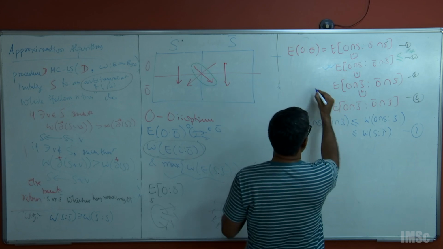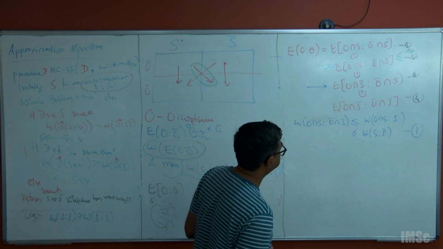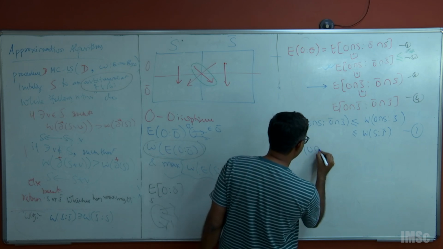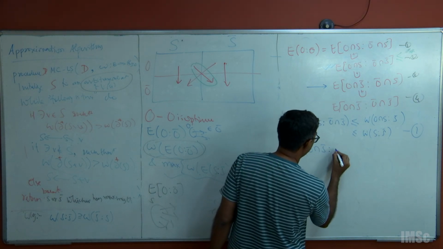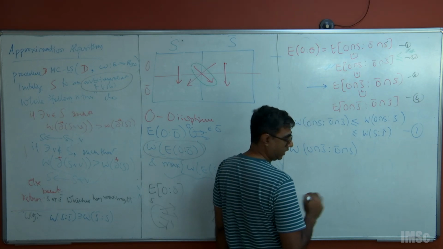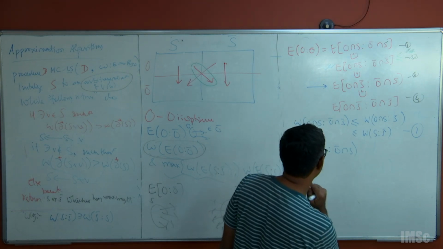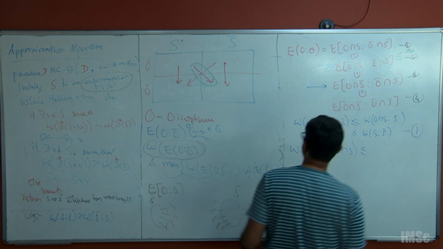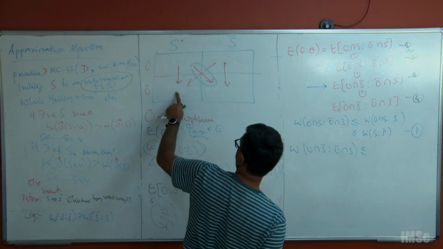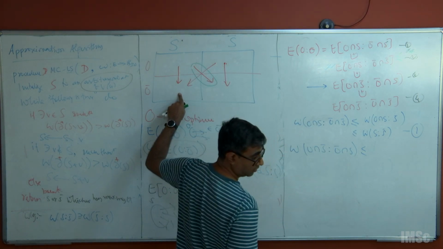Okay, so let's try to understand this. I can write the weight of O intersection S bar, O bar intersection S, right? O bar intersection S is like O bar intersection S bar, O bar intersection S, right?